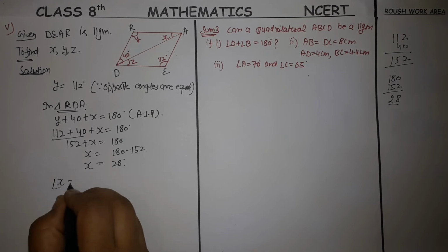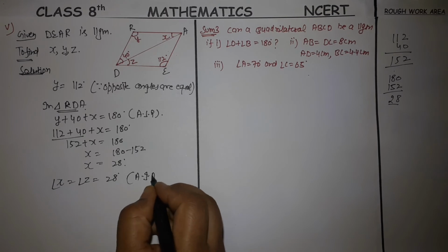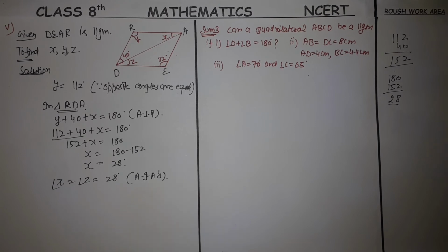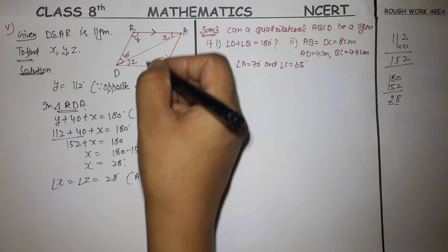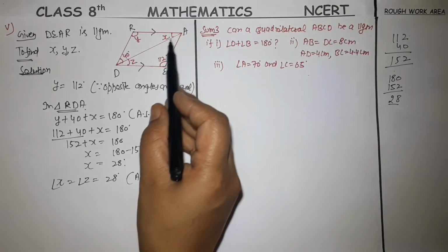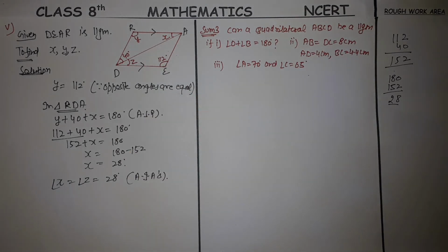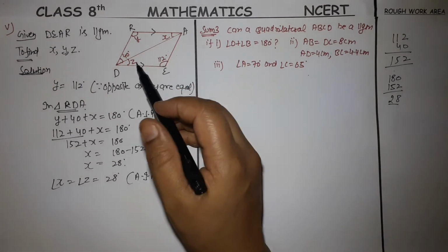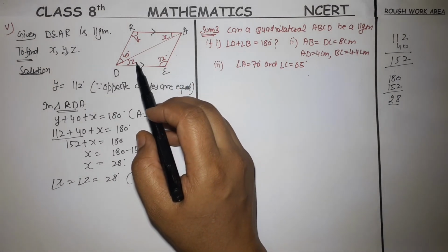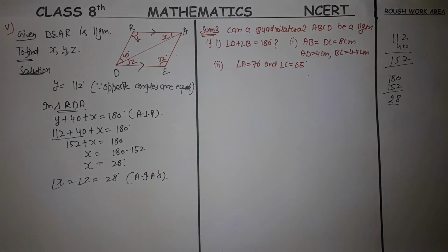Now angle X equals angle Z, 28. Reason? Alternate interior angles. Lines are parallel to each other. This one is the transversal. That's why both angles are equal, because of alternate interior angles. Student, we can find Z by another method also. How? 40 plus Z plus 112 equals 180.